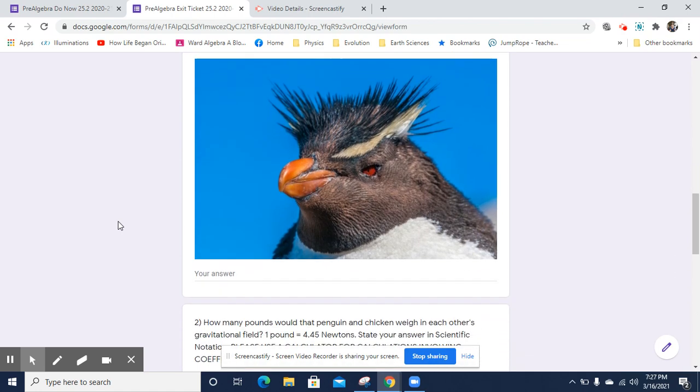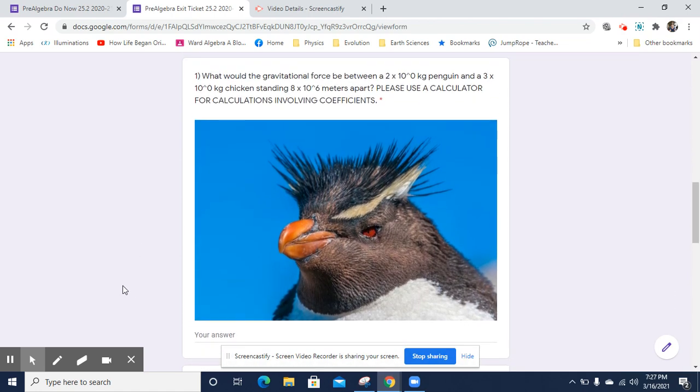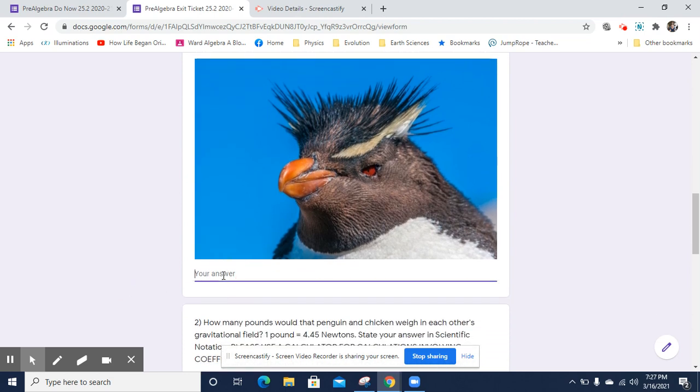Okay, so let's consider our equation. In the numerator we need 6.67 times 10 to the negative 11th, that's the gravitational constant, and then 2 times 10 to the 0, and then 3 times 10 to the 0, and that's all going to be over 8 times 10 to the 6th power squared, because we have to square that distance.